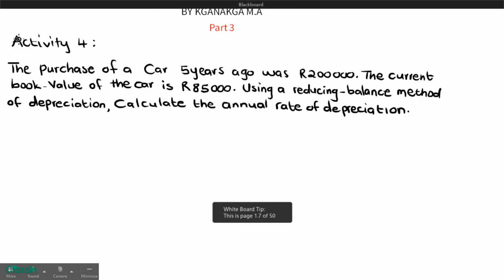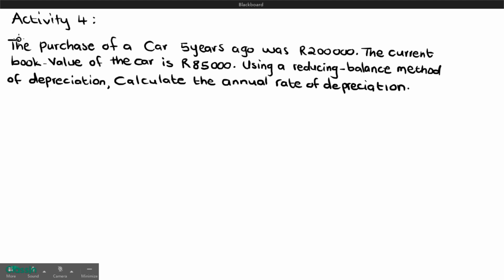An interesting question. If you check activity number 3, they also used the reducing balance method, but we were looking for the value of the computer after being bought 4 years ago.